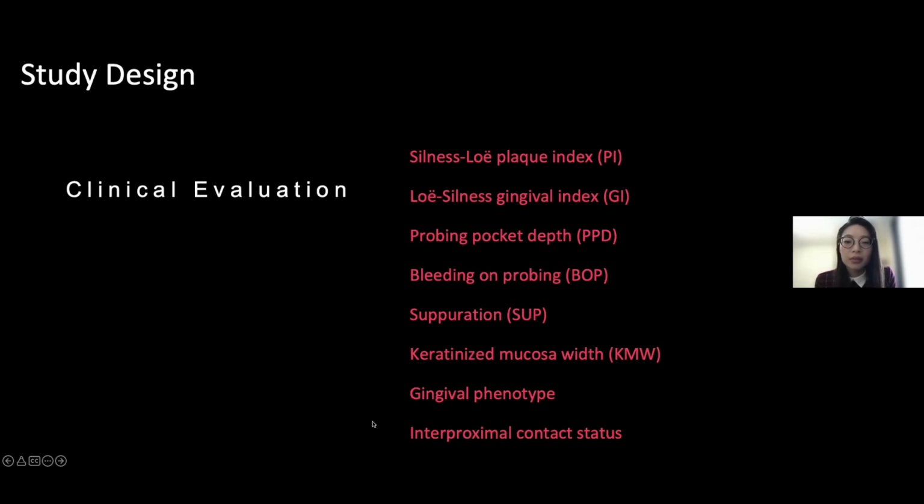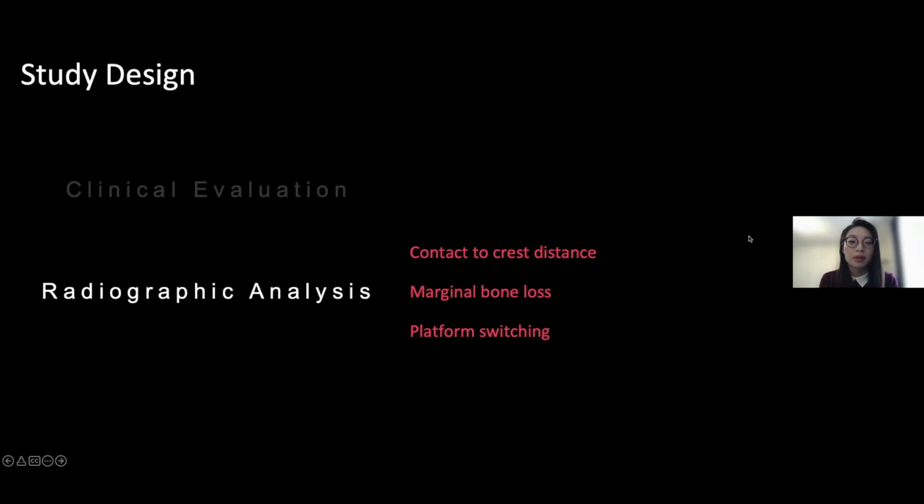So overall, in both of these studies, the study protocol involved 3 phases. The first was a clinical evaluation performed by calibrated examiners that included the plaque index, gingival index, probing depths, bleeding on probing and separation, keratinized mucosa width, gingival phenotype, and interproximal contact status, depending on the paper.